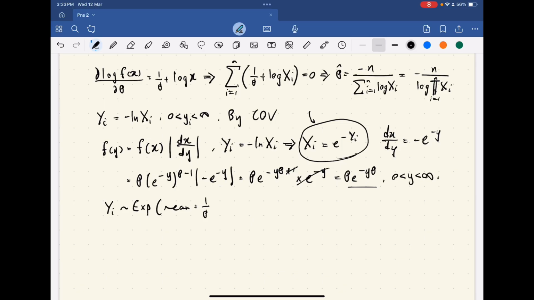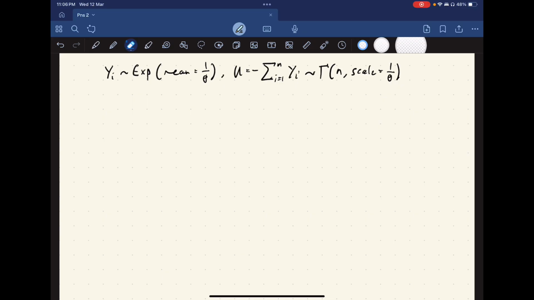And if you still recall from your Prof Stats 1, if y_i is an exponentially distributed random variable with mean 1 over theta, then the quantity U, which is the negative sum of all the y_i, is gamma distributed with parameters n and scale parameter 1 over theta, as we have shown earlier.